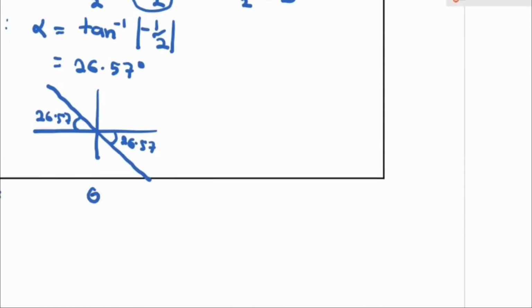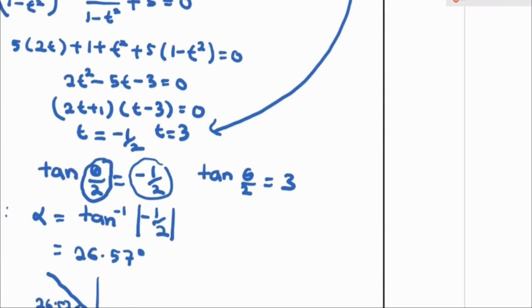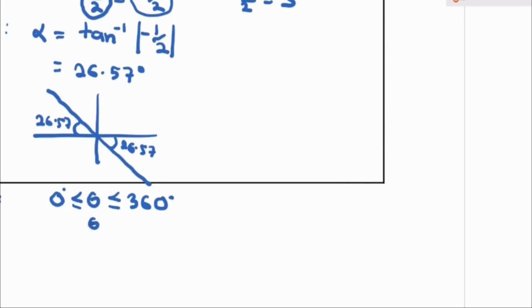So they gave theta from 0 to 360. But the question asks for theta over 2, so you must divide. 0 divided by 2 is 0, and then 360 divided by 2 is 180.